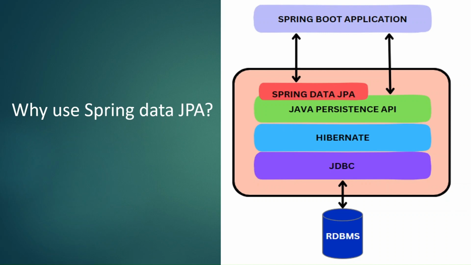So now using Spring Data JPA, that can be reduced. All such boilerplate code can be reduced, and we can achieve the same using simple methods. It provides a convenient abstraction for performing all the CRUD operations and query methods, which allows developers to focus more on business logic than on writing all this code.